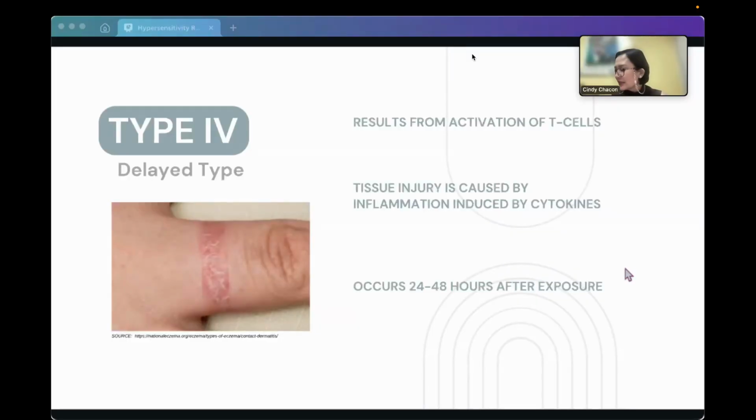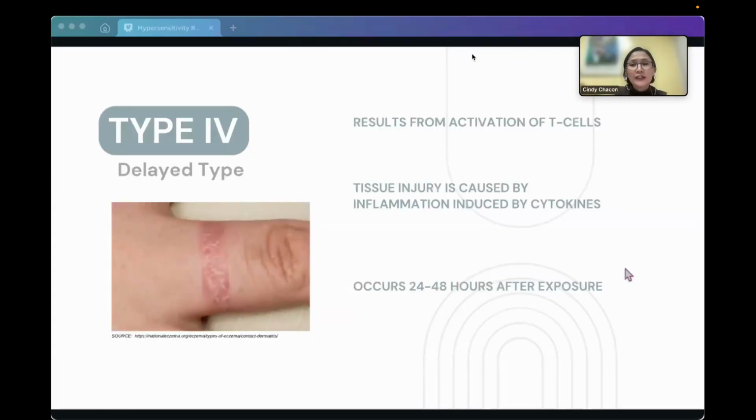Because T cells need time to recognize the antigen, activate, and recruit their effector cells, this response is not immediate. Remember your basics, di ba? Your T cells and your B cells are part of your adaptive immune response, which takes longer to act as compared to your innate immune system, right?